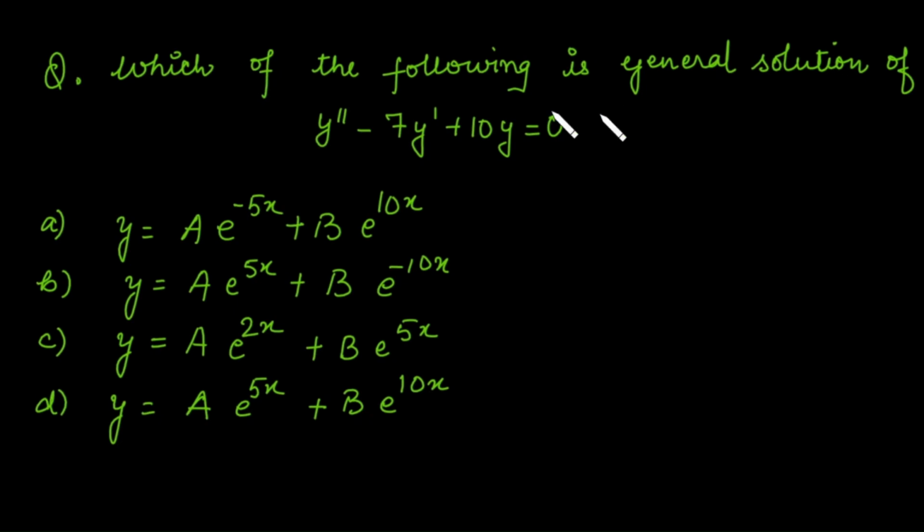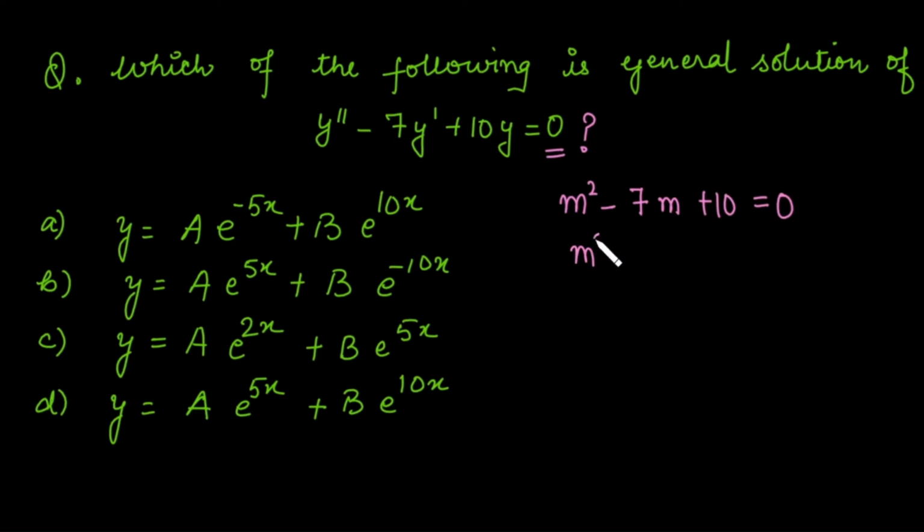Next question: which of the following is the general solution of this one? This is a homogeneous differential equation. We need to calculate the complementary solution in this case. First write its auxiliary equation. Second order derivative means m square minus 7m plus 10, with y replaced by 1, equal to 0. From here, either you can take the values of m1 and m2 and substitute, or you can directly find the factors.